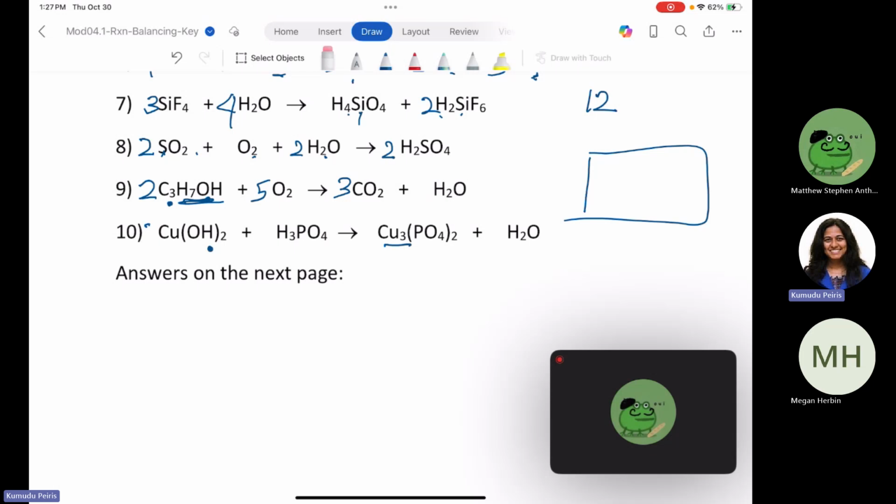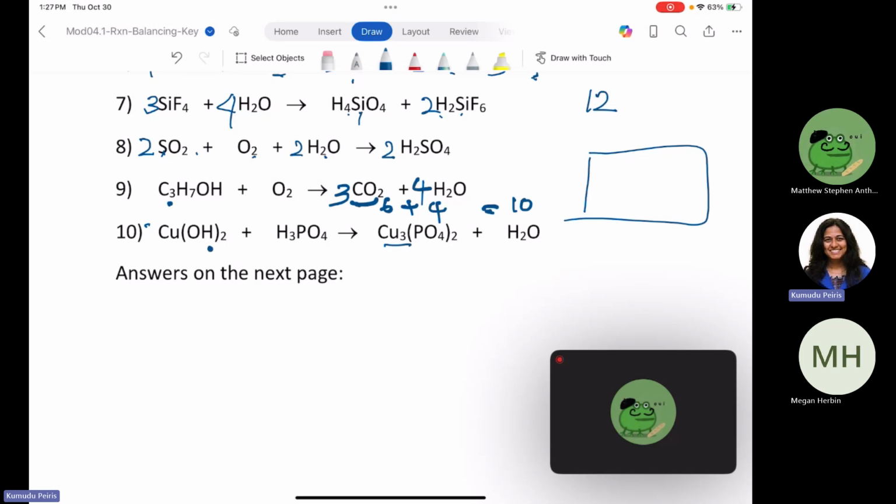Okay, let's start from the beginning. I'll add the 3 here, and that makes 7 plus 8. But then I have here 6 oxygens plus 4, 10. But the other side has only 3 oxygens, the reactant side.